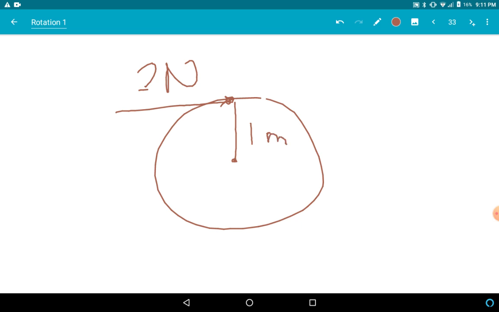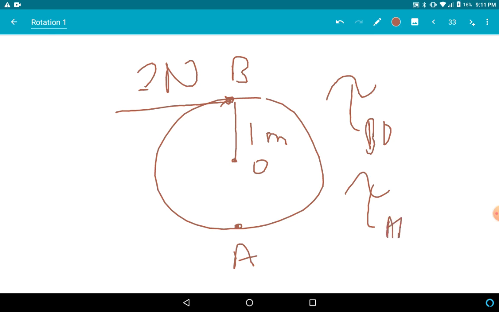Now at the diametrically opposite position, let's say B and A, with center O. You have to tell me what is the tau at BO and tau at AB. Means what is the moment of force about the center O and about the point A.